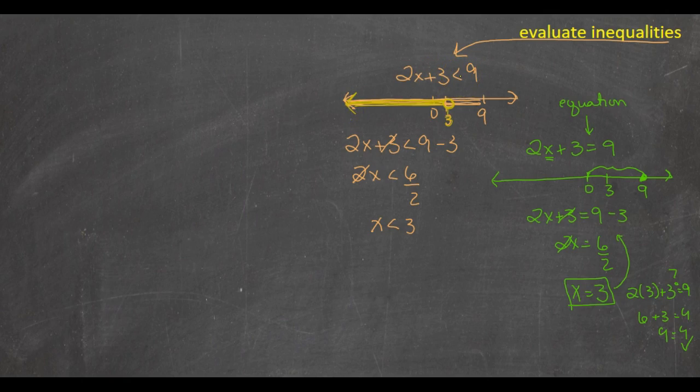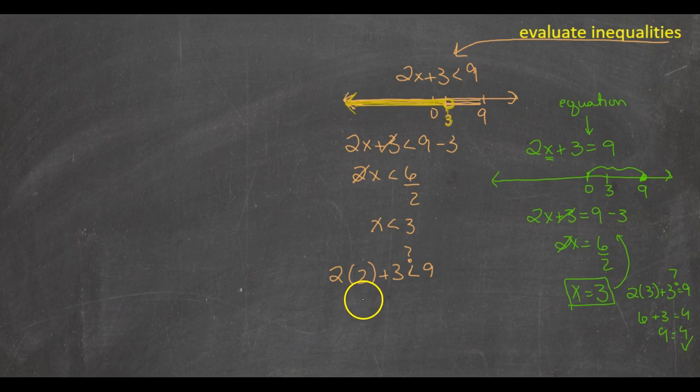Let's test one out. Let's put in 2. Is 2 less than 3? It sure is. So let's put a 2 in to check it. 2 times 2 plus 3 less than 9. We don't know if it's less than 9, but we're going to test it and see.